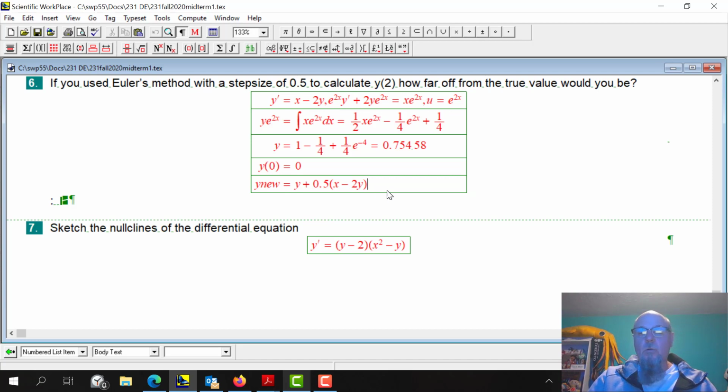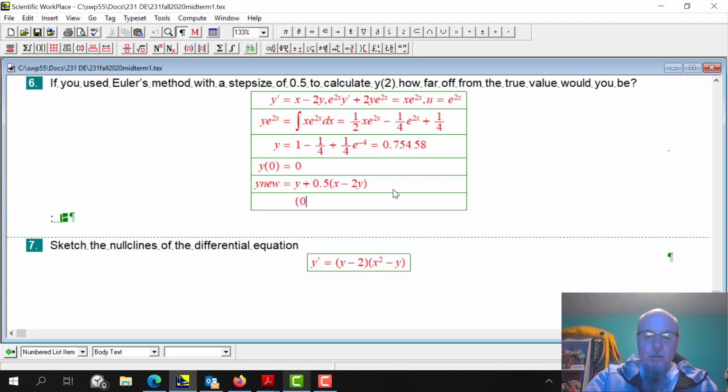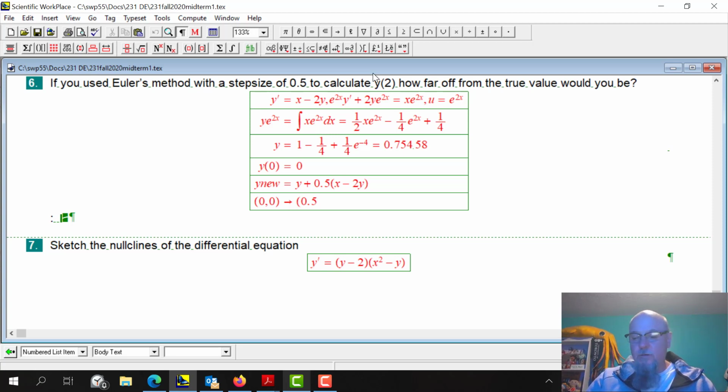I'm at the point 0, 0. The new x, I move over a step size of a half, so the next x would be 0.5, and the new y would be 0. That's one iteration of Euler's method. Now I know that Euler is saying that y of 0.5 is equal to 0, its estimate.